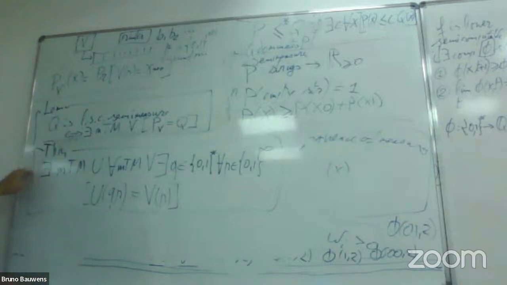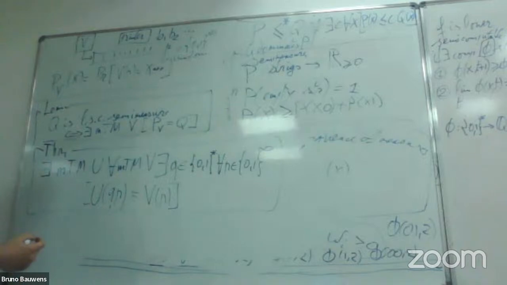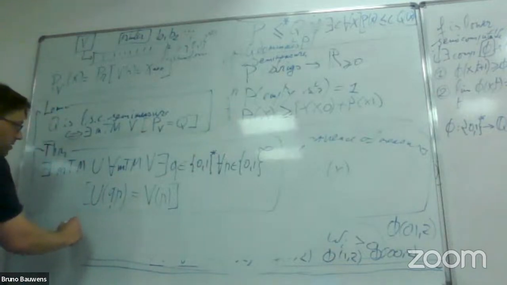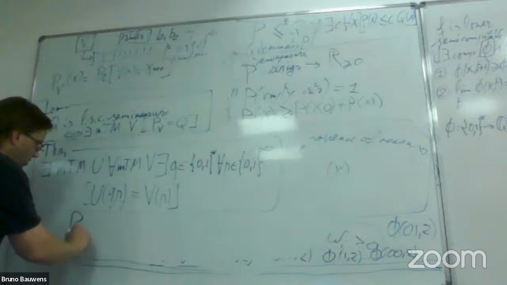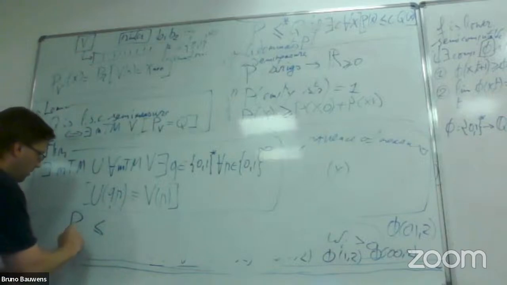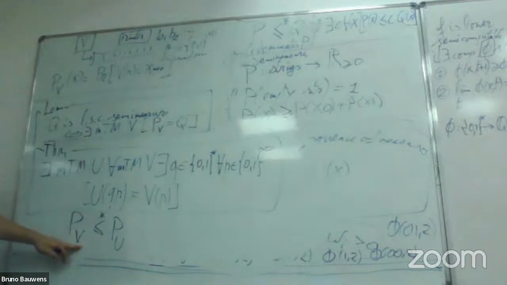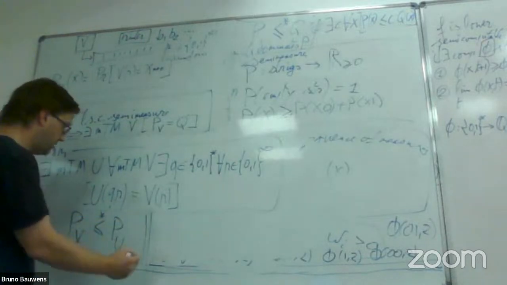Okay. So what does it mean? For this universal compiler, the result is that P of V is multiplicatively smaller than P of U, because we discussed this last lecture.